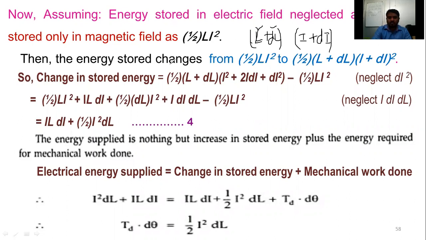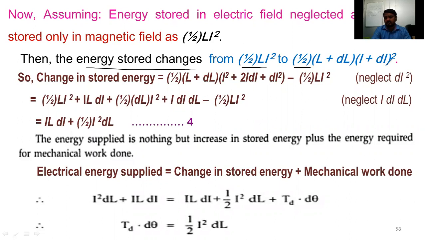The energy stored changes from 1 by 2 L i square to 1 by 2 (L plus dL) into (I plus dI) whole square. This term is clear? In the place of L, L plus dL. In the place of I square, I plus dI whole square we have used here.